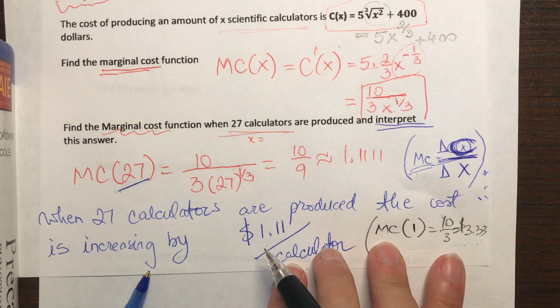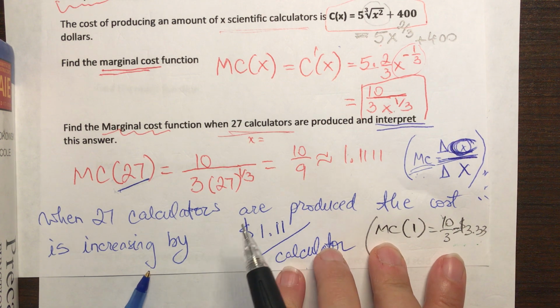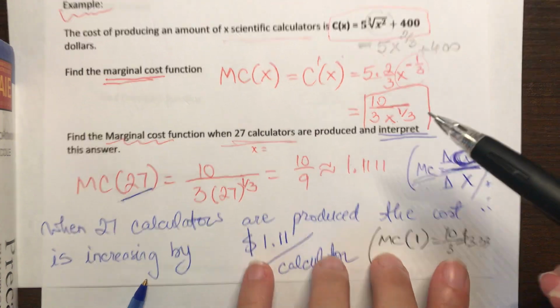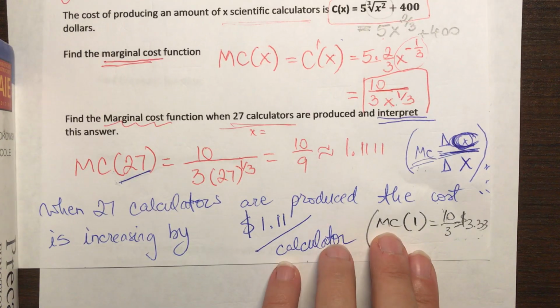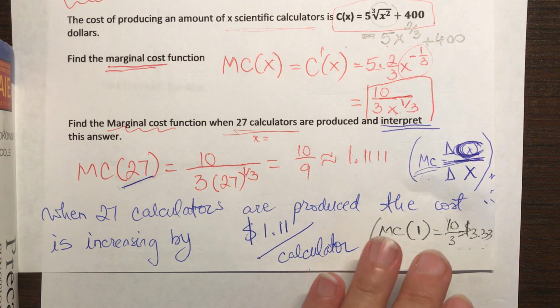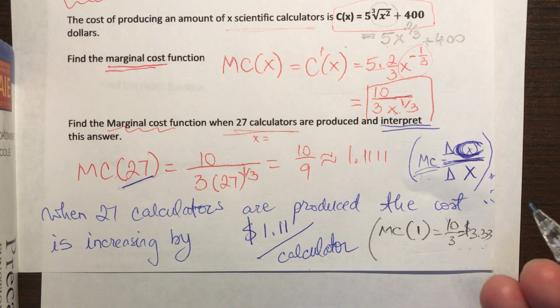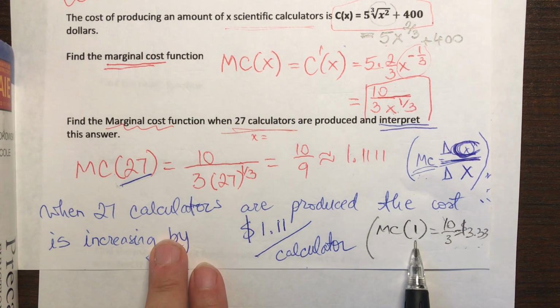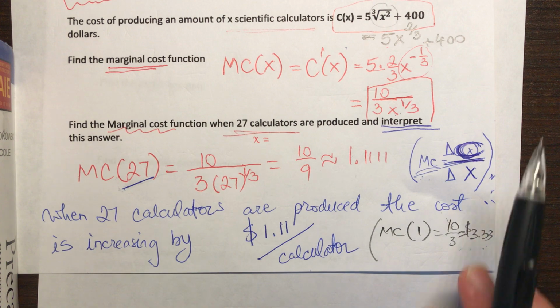So sure enough, the more we produce, the more the cost is going to get tempered, because that fixed cost starts getting split up over more and more items. This is why the cost should be going down per item the more you produce. So I'm just showing you that it depends on what value you're plugging in.